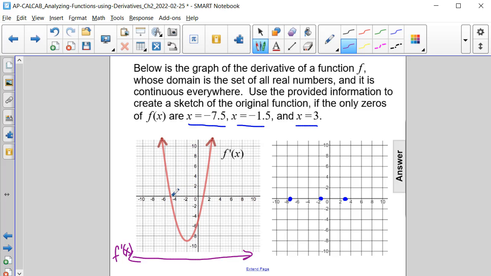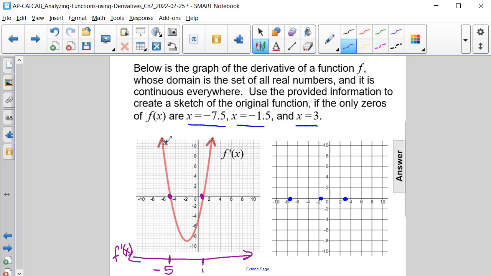Our critical values for f prime are occurring at x equals negative 5 and x equals positive 1. That is where the derivative is crossing the x-axis, and this tells us where we transition from increasing to decreasing and vice versa.